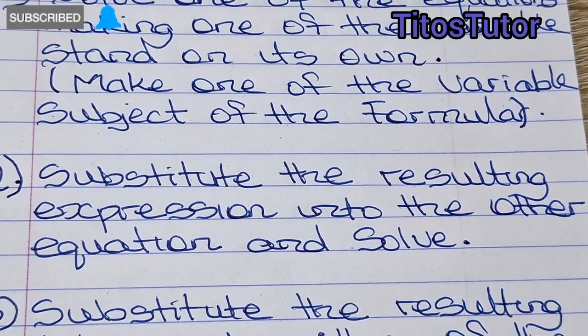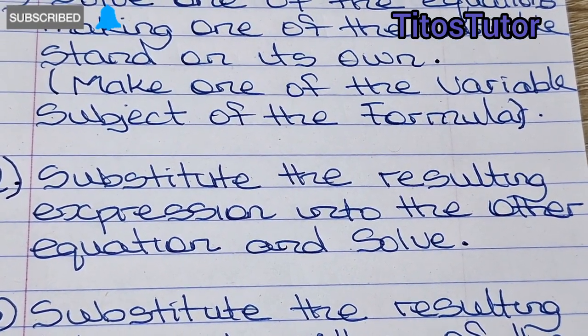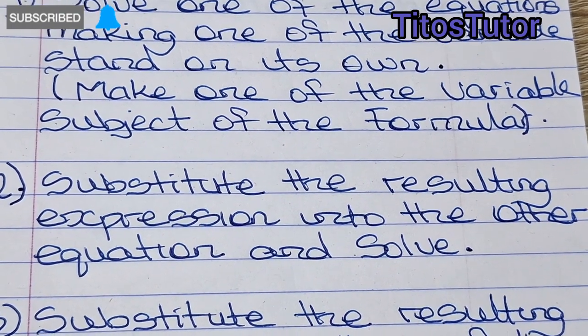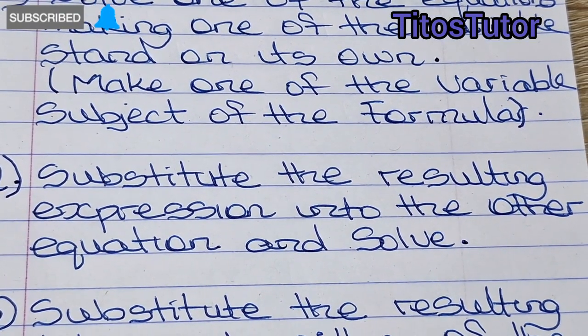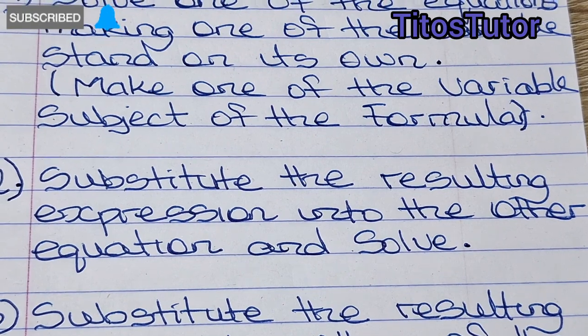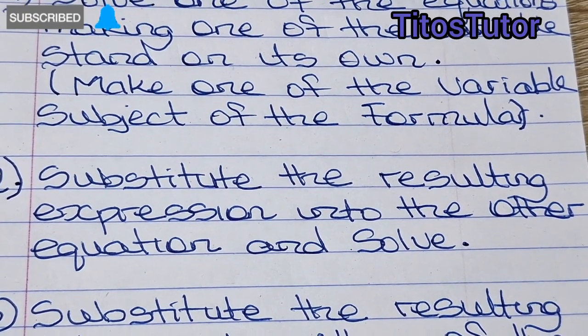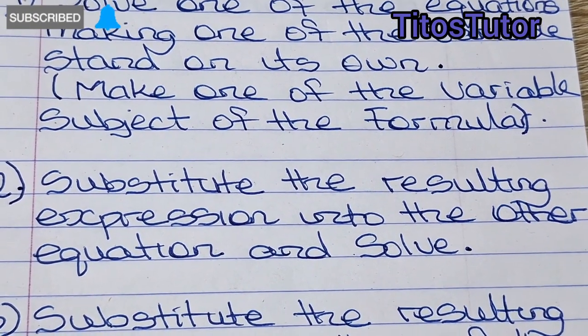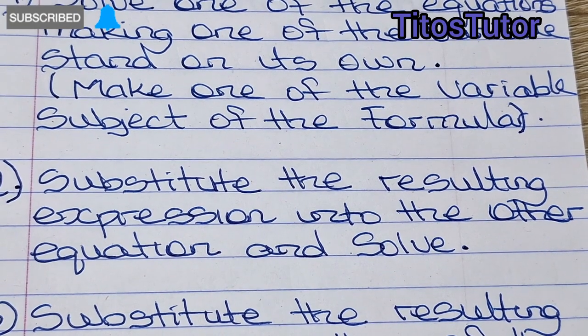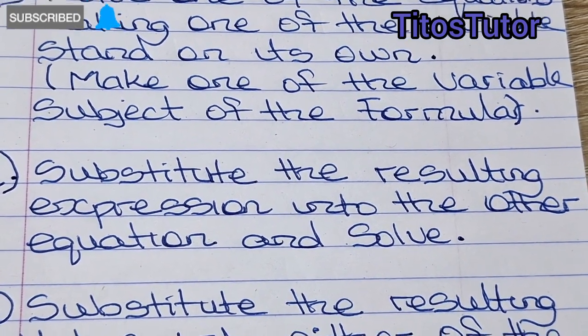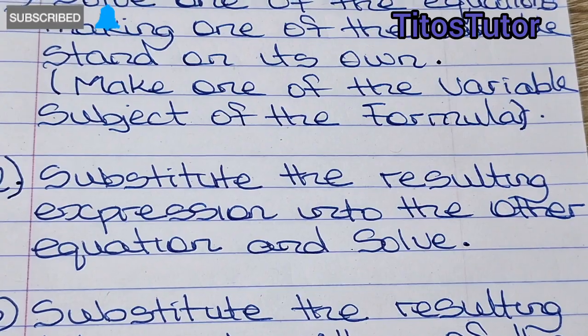It's mathematically incorrect to do that. So you substitute in the second equation. And if you made one of the variables the subject of the formula in the second equation, then you substitute the expression in the first equation. So that's how it works, right?